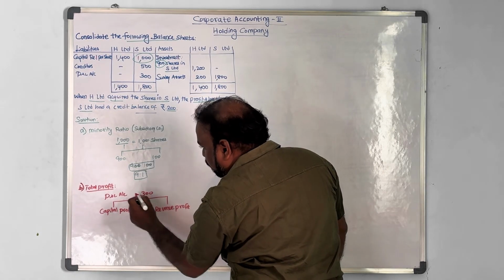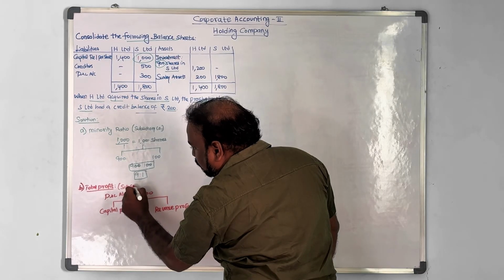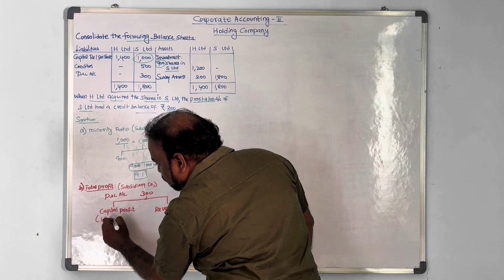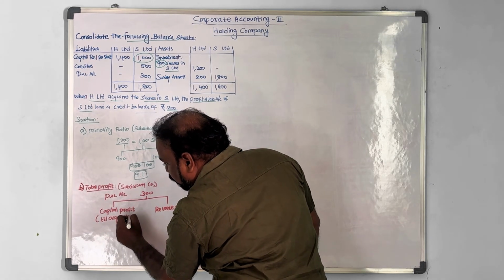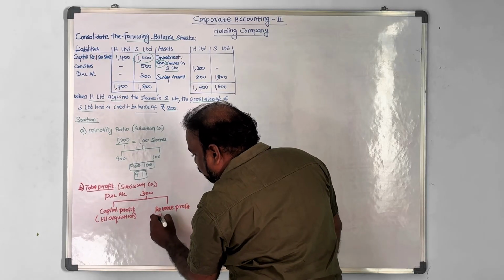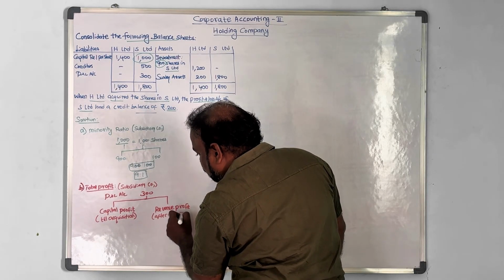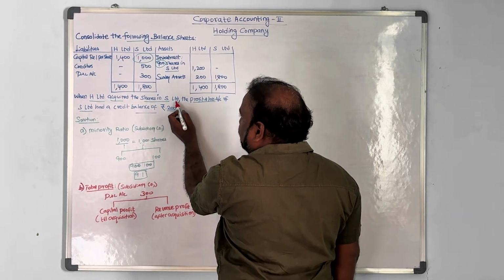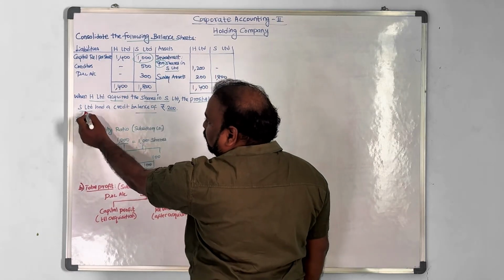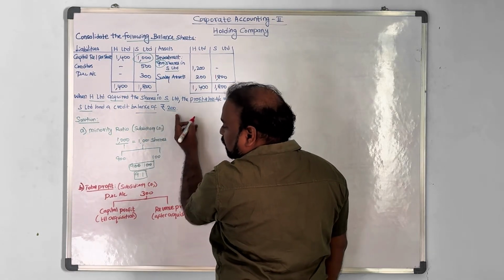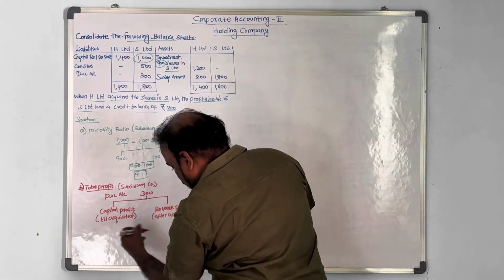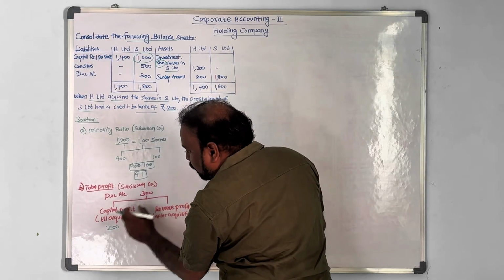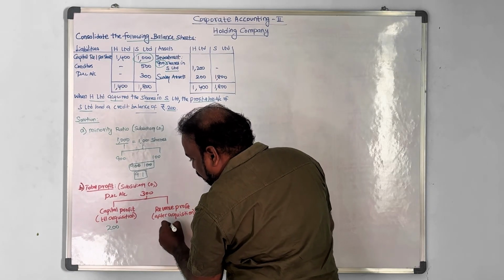Profit earned by the subsidiary company till acquisition of shares, here, and after acquisition of shares. When H Limited acquires the shares in S Limited, the profit and loss account of S Limited had a balance of 200. So till acquisition they have 200. This 200 is called capital profit. Then 300 minus 200, the remaining 100, is called revenue profit.